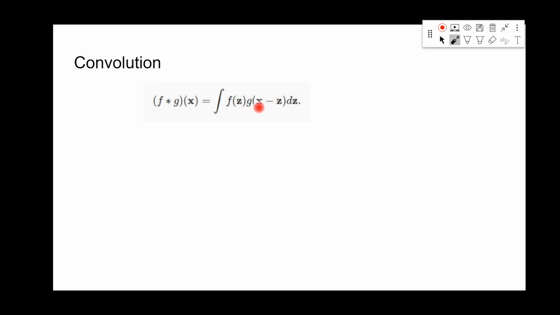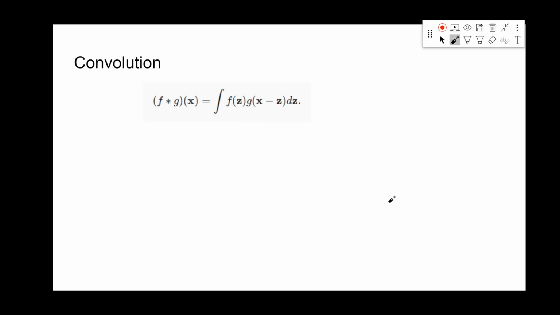The x minus z is where the convolution comes from, because you can see that every point in f will act at the x minus z here.